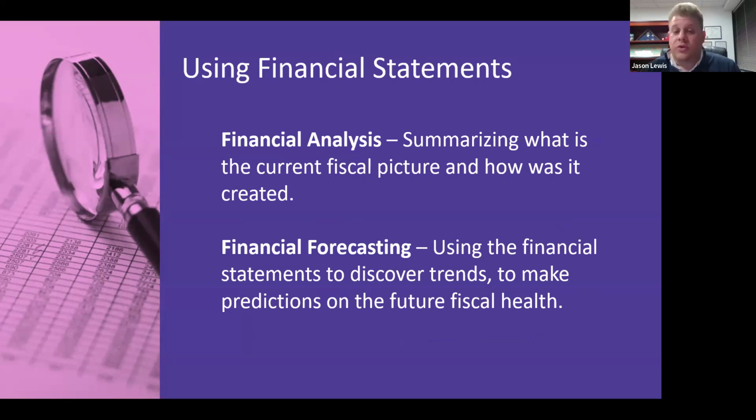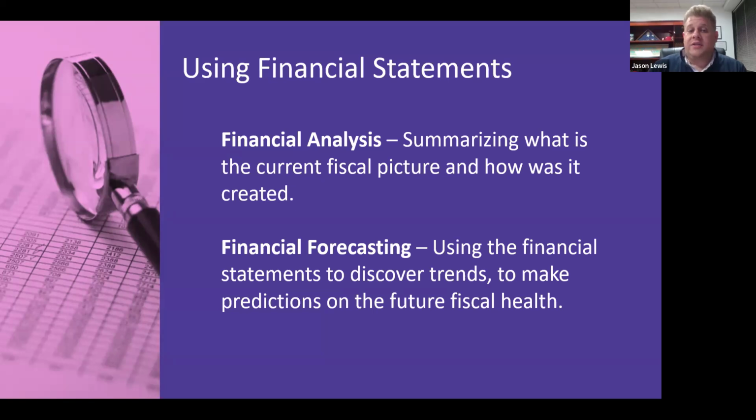Now, as we talk about money in motion, we also want to focus on putting this data to work. The two concepts that I would start with are financial analysis and financial forecasting. Financial analysis is summarizing what is the current fiscal picture and how it was created. So this is the very flat, down to earth: here's what we have, here's what's been incurred, here's what's happened.